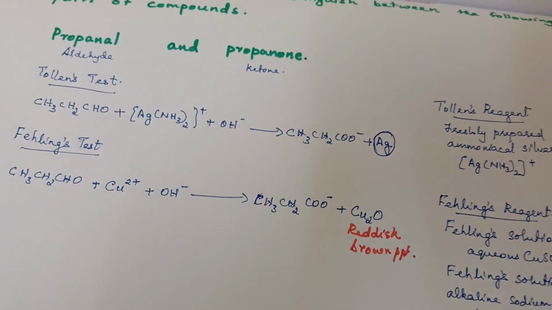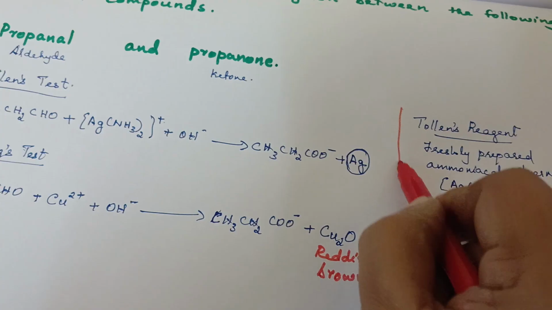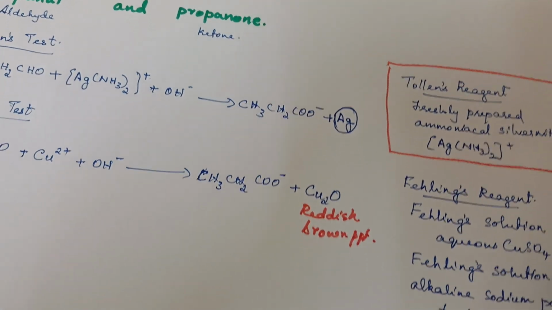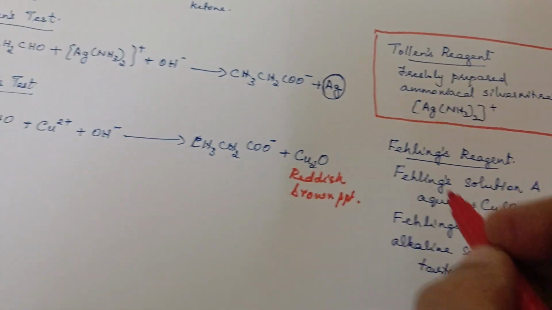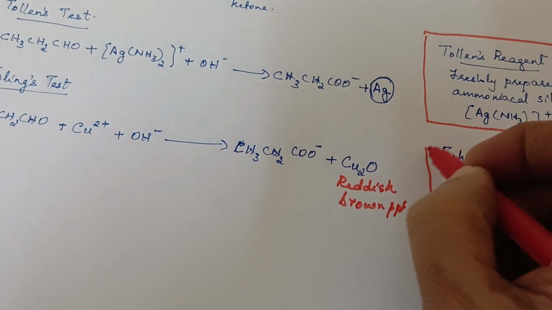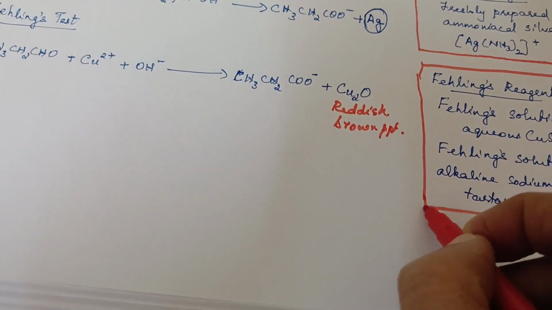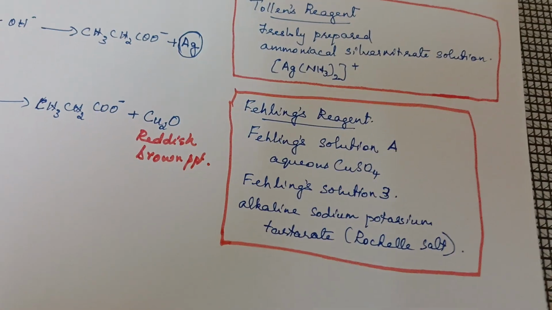And remember these two reagents. One is Tollens reagent, that is ammoniacal silver nitrate solution, and Fehling's reagent, which consists of Fehling solution A and Fehling solution B, taken in equal quantities.